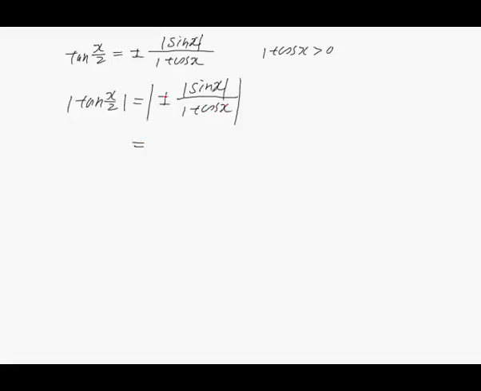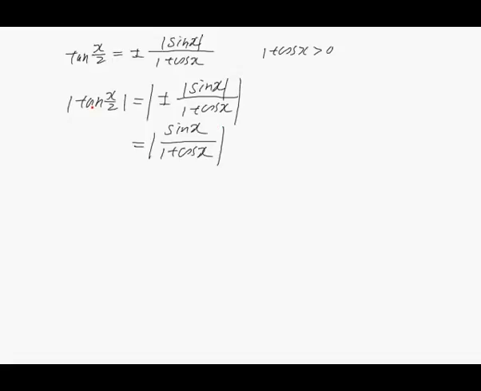And then let's just get rid of this plus minus sign. Then you get the absolute value of sine x over 1 plus cosine x. We just need one pair of absolute value bars here, right? We don't need to use the double absolute values.